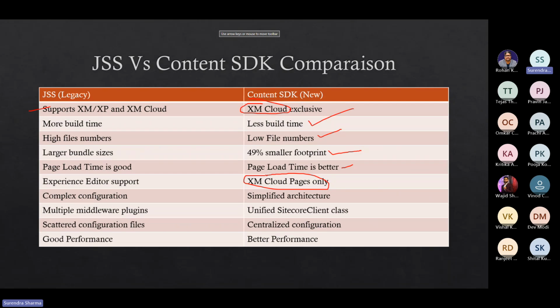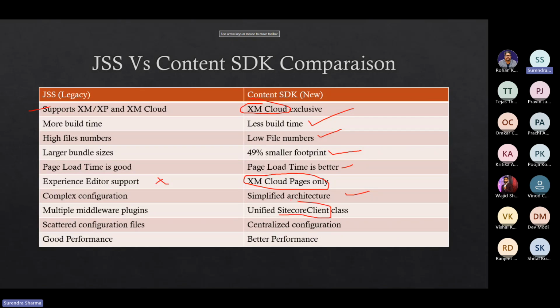It means you can only see it within the XM Cloud Page Builder. It's not going to work with the Experience Editor here. Its architecture is super simple. If you want to communicate with your layout or context data, then you have one simple, single class here called Sitecore client.